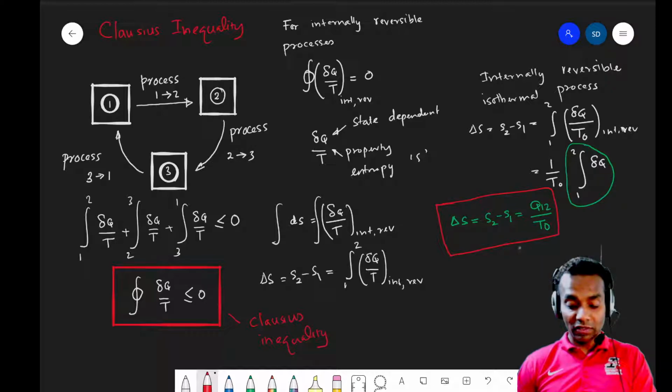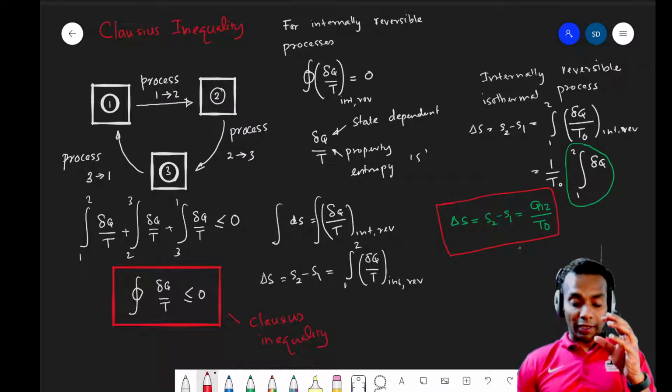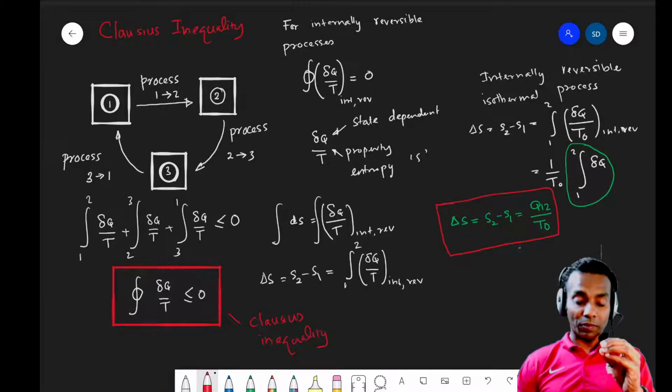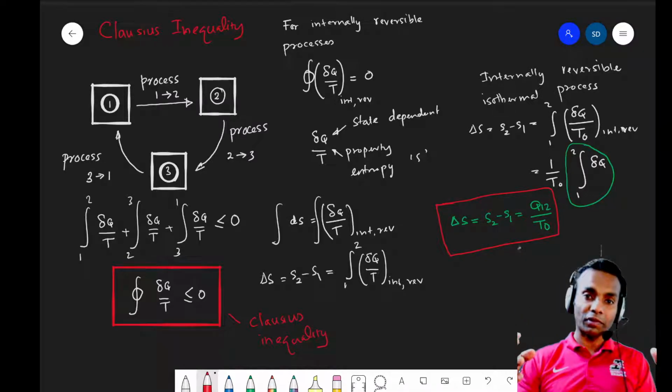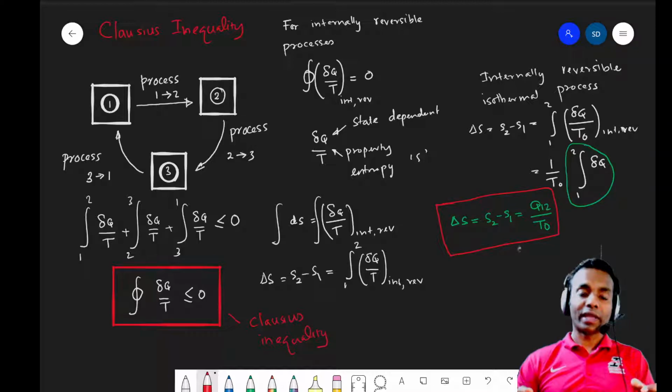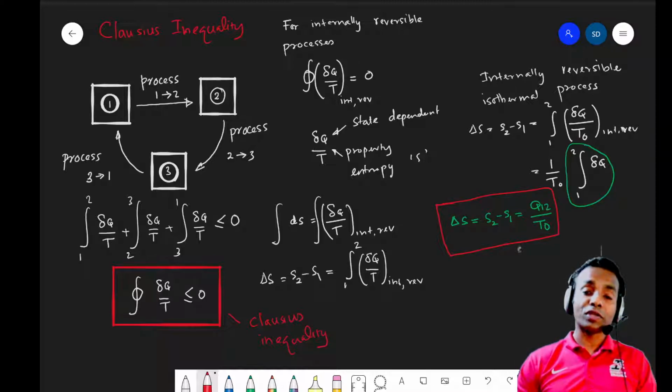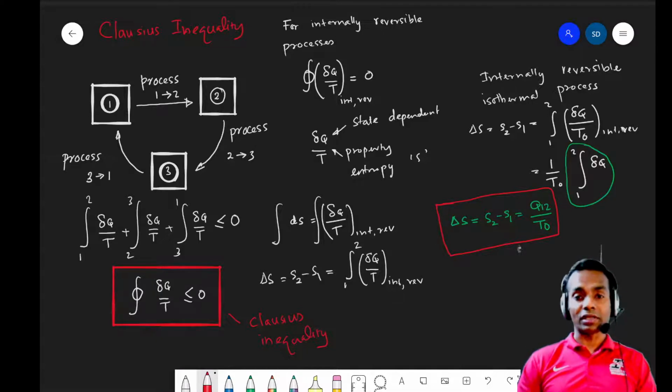And for an internally reversible process, we can calculate the total amount of entropy change by using the integration of dQ over T. And also for an isothermal process, if the total amount of heat transfer during the process is known, we can find the total entropy change as the total heat transfer divided by the constant temperature of the system during that process.